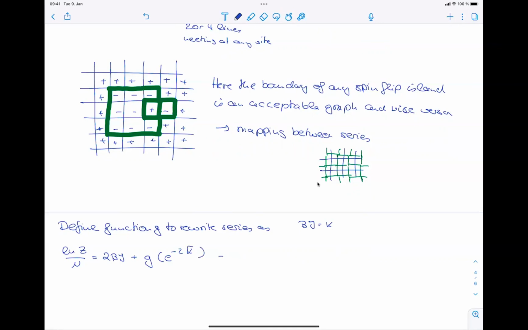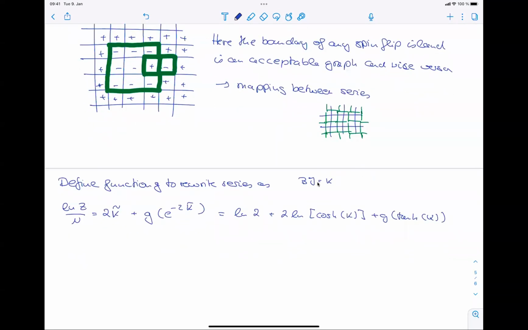And that should be equivalent to ln, and let me do this here too. K tilde, ln 2 plus 2 ln, these are just the prefactors, okay, plus g of tanh K, such that these are equivalent, right?